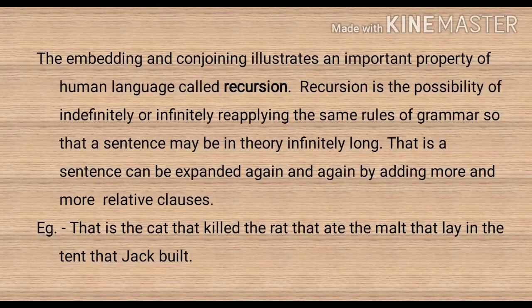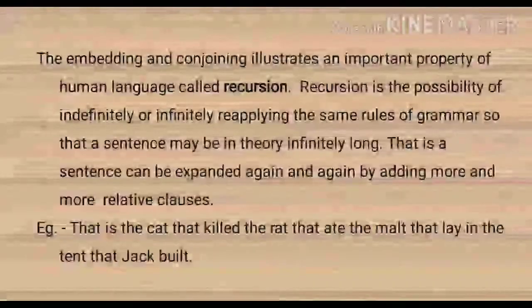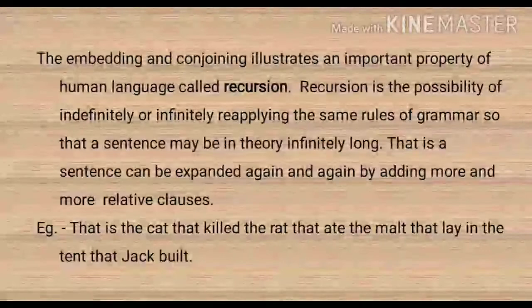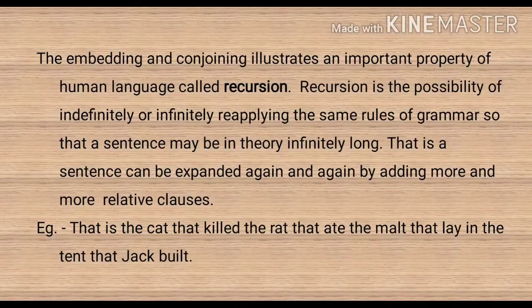The embedding and conjoining illustrate an important property of human language called recursion. Recursion is the possibility of indefinitely or infinitely reapplying the same rules of grammar so that a sentence may be in theory infinitely long.